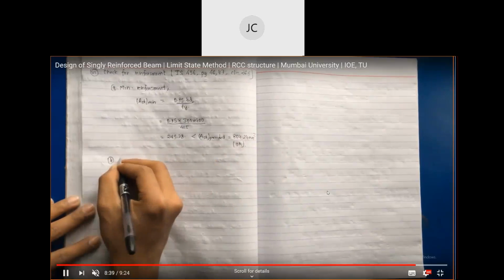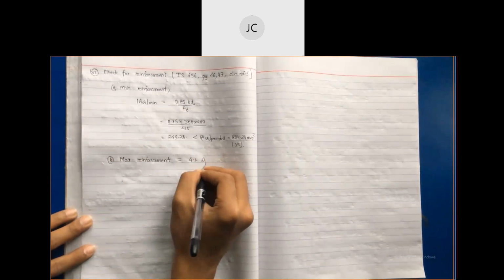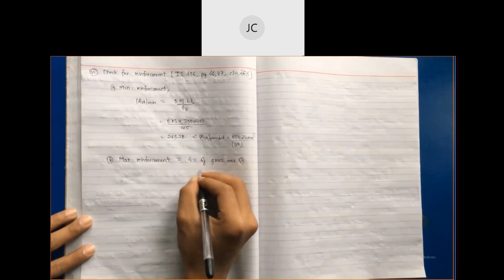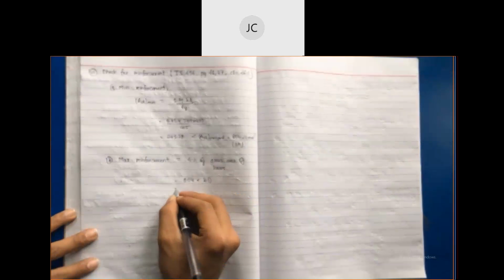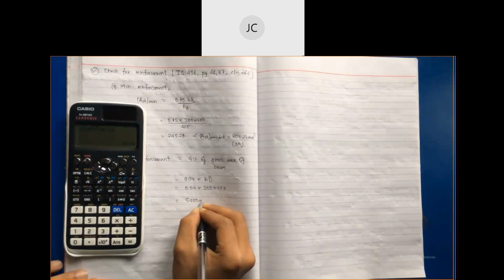Let's see how to find out the maximum amount of reinforcement. Maximum reinforcement is 4% of gross area, 0.04 BD.